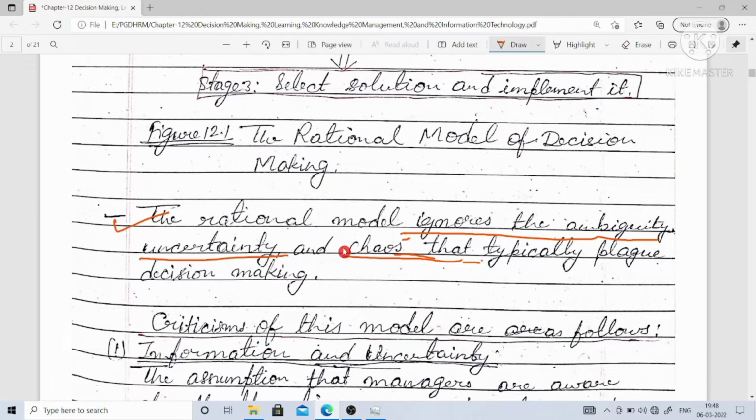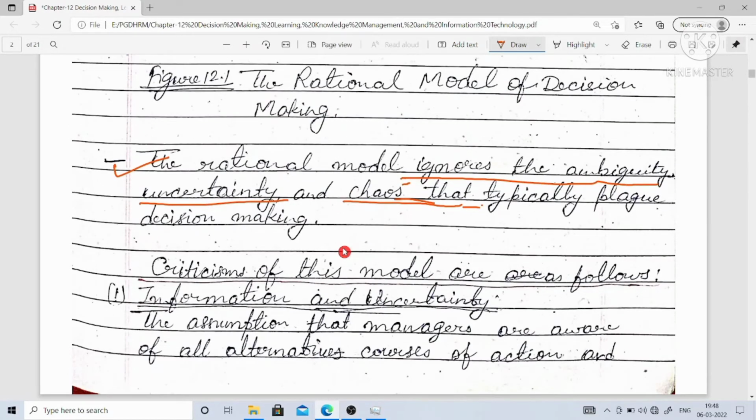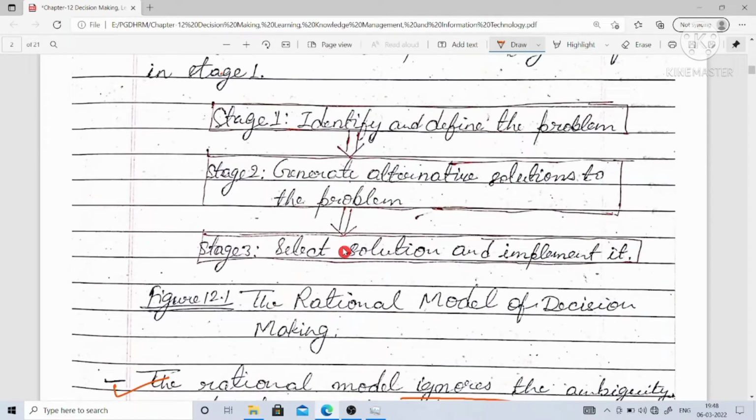For that we will learn different models, but this is a very simple model: identify the problem, generate alternative solutions, and select any one solution out of those alternatives. That's what the manager is going to do.